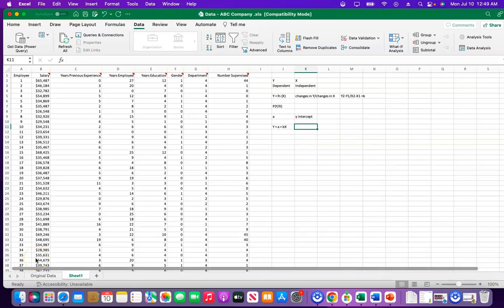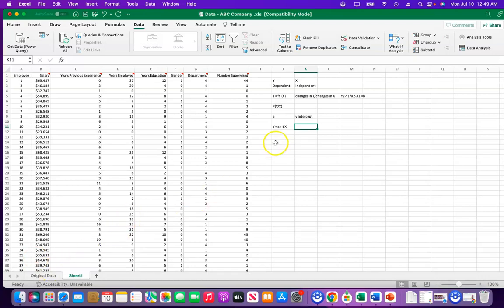You should note also that y does not depend only on x to occur. It may depend on some other factors, and that will be taken care of by the error term. And so we can write y equals a, or y-intercept, plus the slope times x plus the error term, or we call it the residual. So we can make an estimation of y.